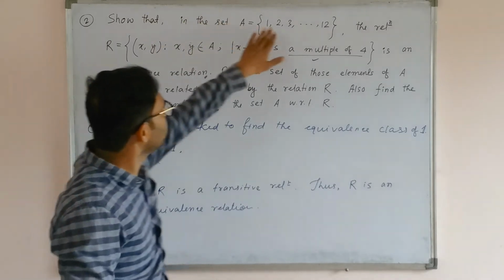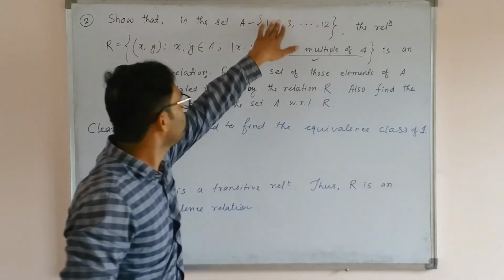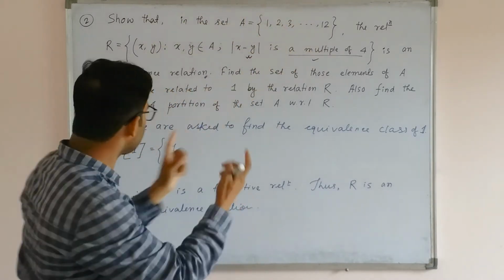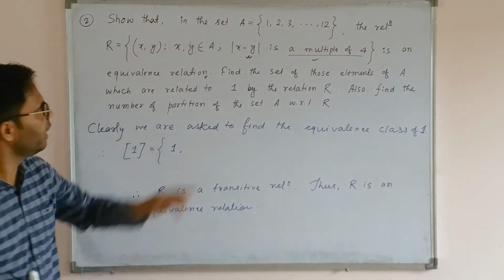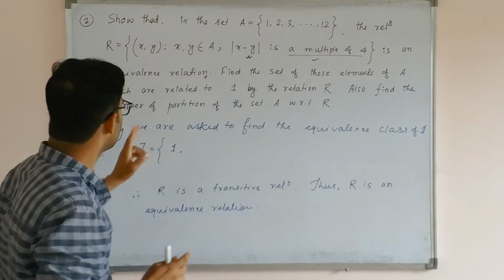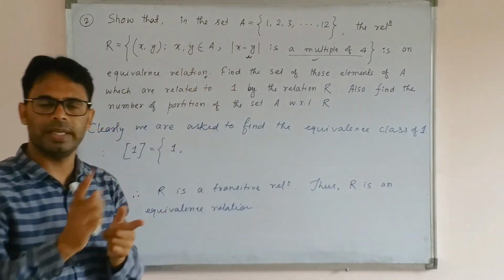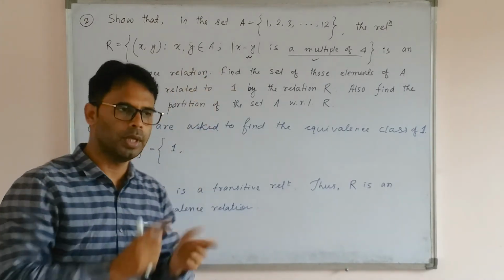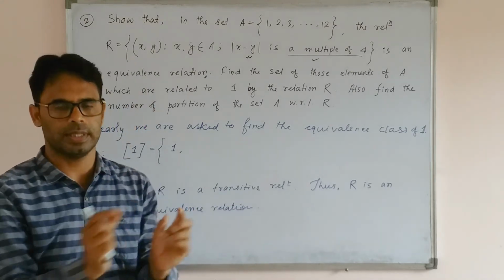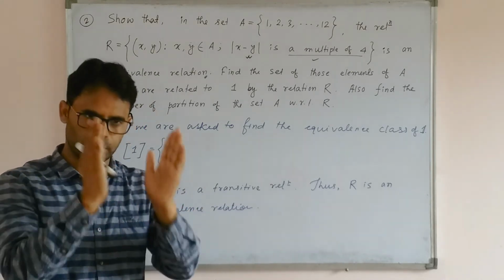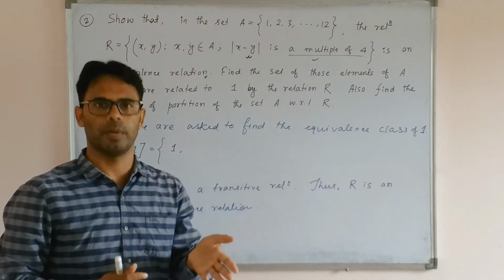Then you take those elements such that 1 minus that element is a multiple of 4, meaning they must satisfy this relation. So 2 will not do, because 1 minus 2 is minus 1, not a multiple of 4. 3 will not, 4 will not, but take 5: the difference is minus 4, and 4 is a multiple of 4.